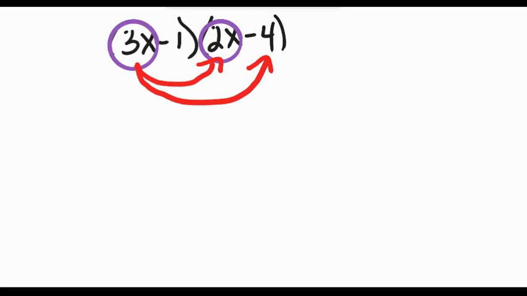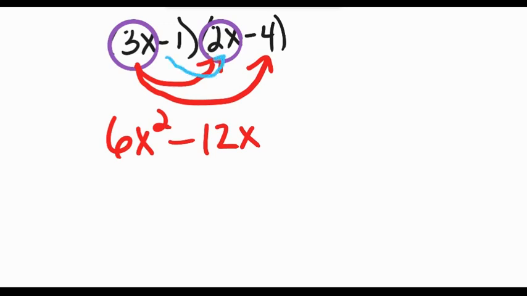So 3x times 2x is 6x squared, and 3x times negative 4 is negative 12x. And then you also have to distribute the negative 1 to the 2x and the negative 1 to the negative 4. So negative 1 times 2x is negative 2x, and negative 1 times negative 4 is positive 4.